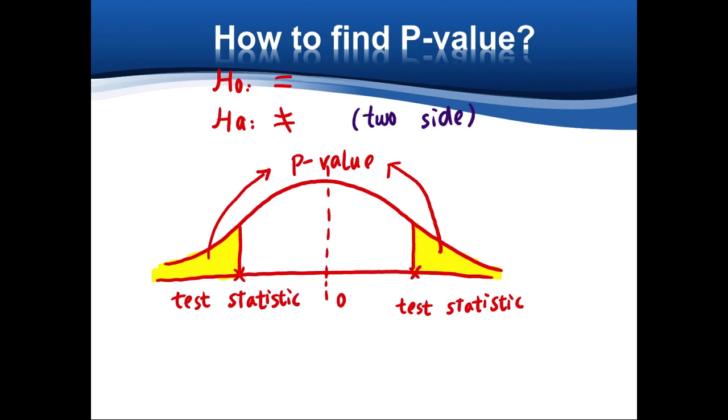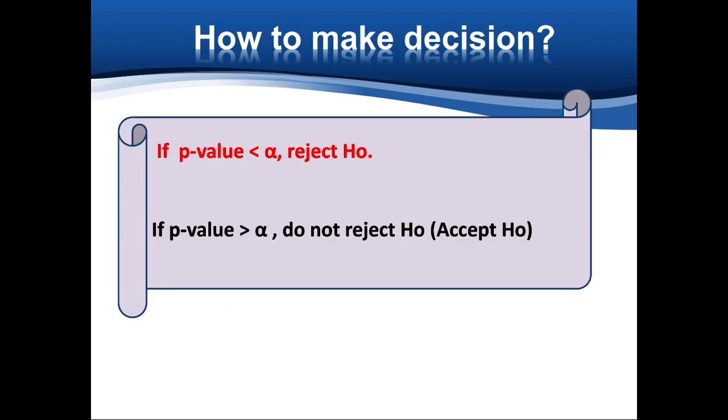How can we make a decision? If p-value is smaller than alpha, where alpha is always given, then reject H0. If p-value is bigger than alpha, then do not reject H0, or accept H0.